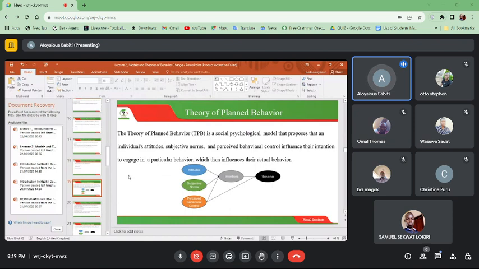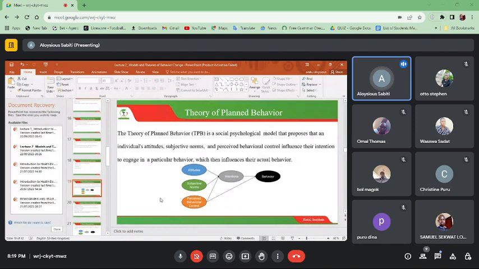So let me just re-explain this theory of planned behavior. As I said, you can see this particular figure showing how an individual's attitudes, their subjective norms, and their perceived behavioral control influence their actual behavior.